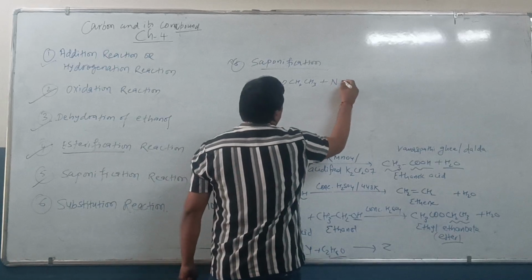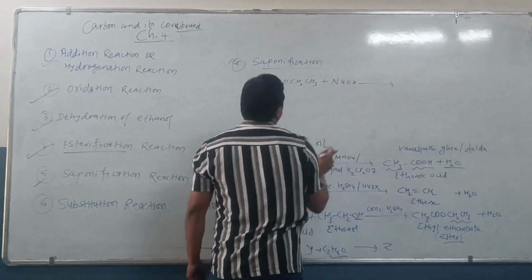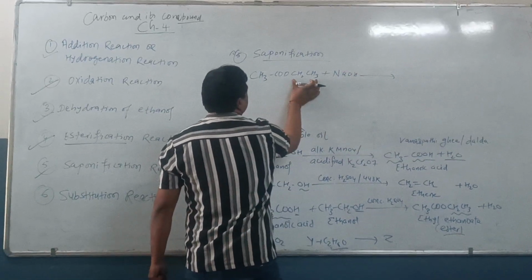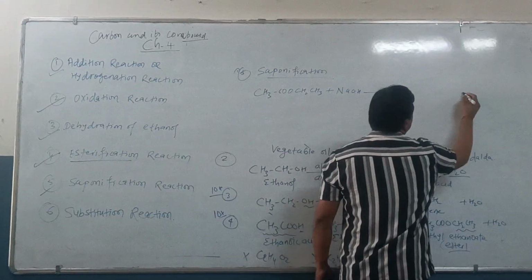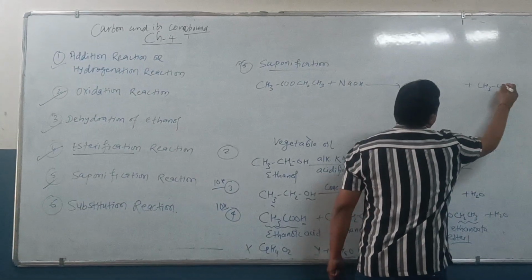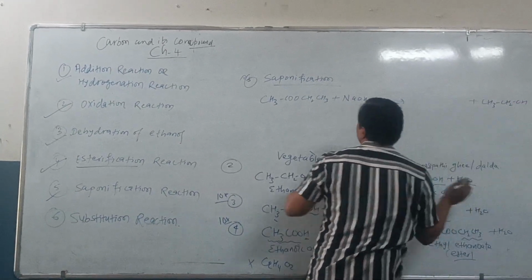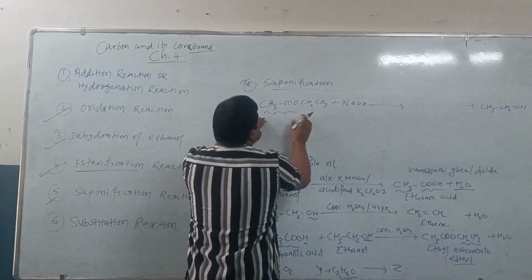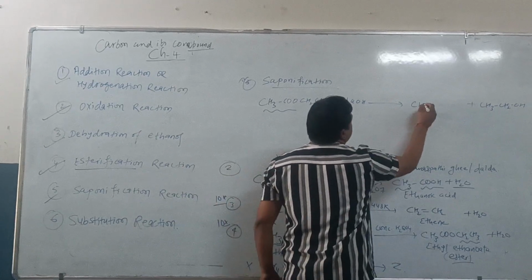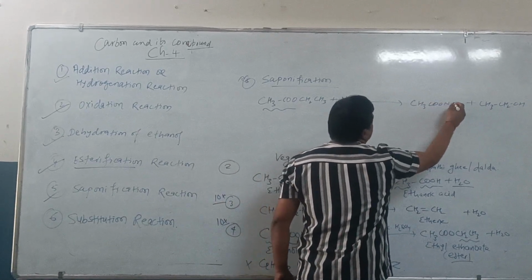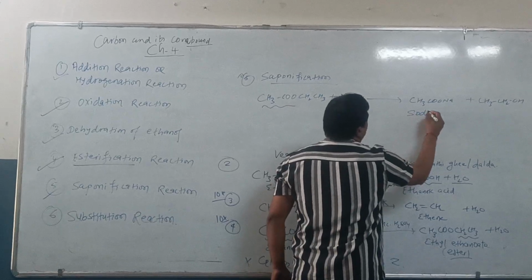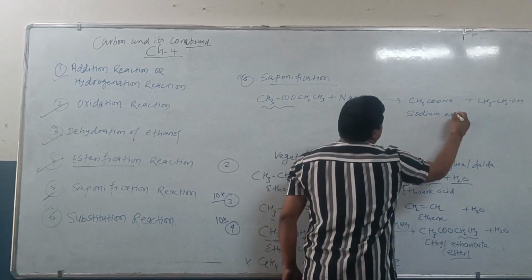Whenever it reacts with sodium hydroxide, children, what will happen? This OH and this CH3CH2 will form ethanol, CH3CH2OH, plus CH3COO and Na will form CH3COONa, sodium ethanoate.